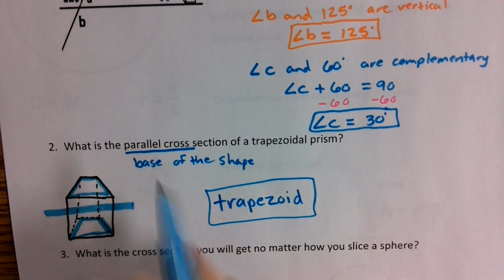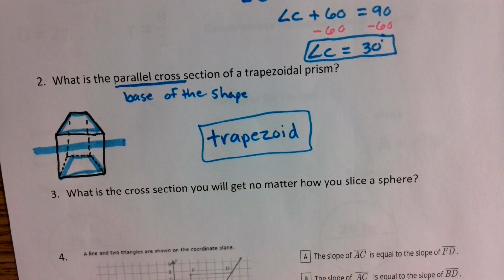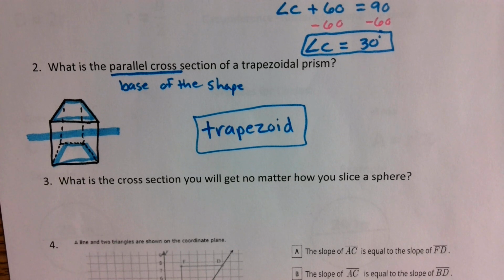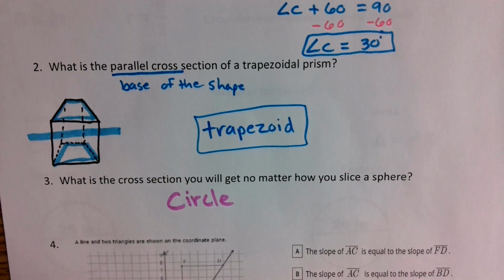Remember, if it's a perpendicular cut on a prism, it's always going to be a rectangle. If it's a perpendicular cut on a pyramid, it's always going to be a triangle. Okay? All right, and then what is the cross-section you get no matter how you slice a sphere? What are we always going to get, guys? Circles. No matter how you cut a sphere, you will always get a circle.